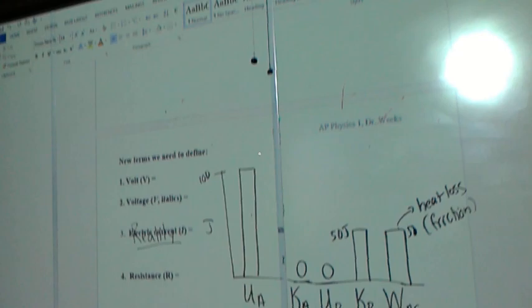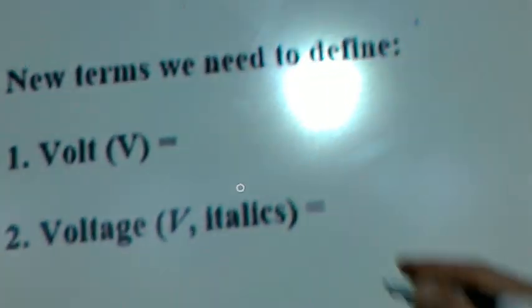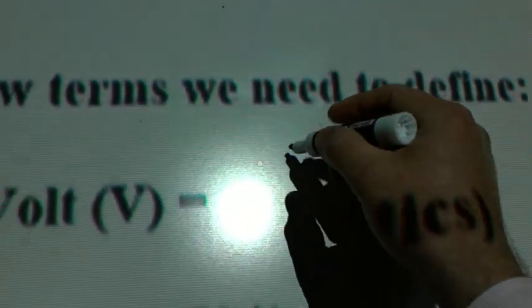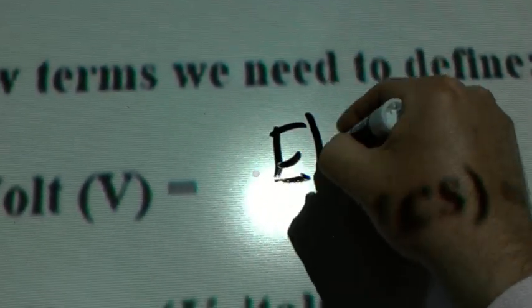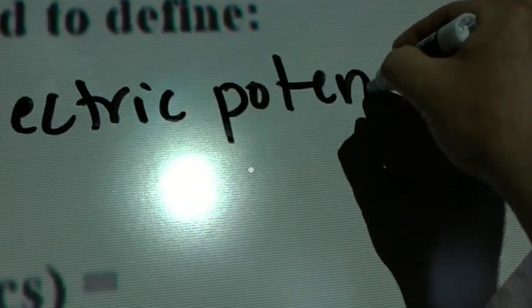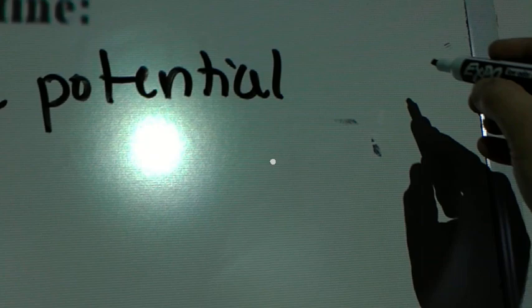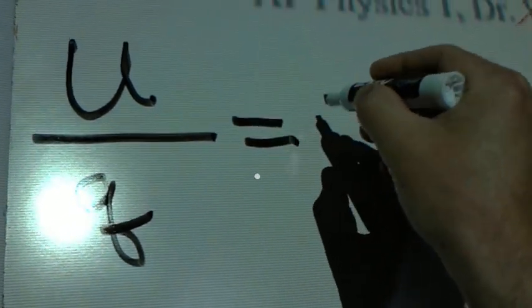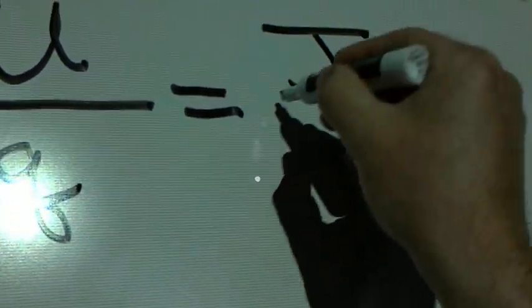And so we've already defined what a volt is, and a volt is the electric potential. You can have a high volt state and a low volt state, and it is the potential energy over the charge, which for us is joules over coulombs.